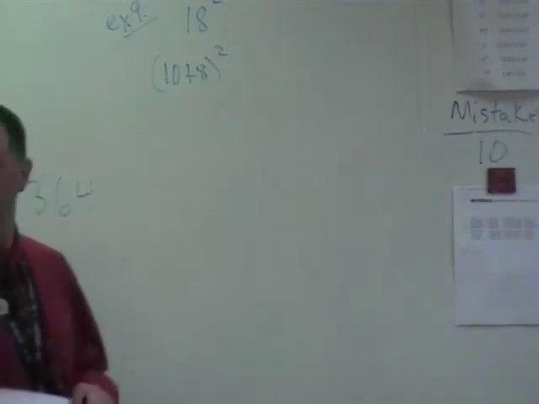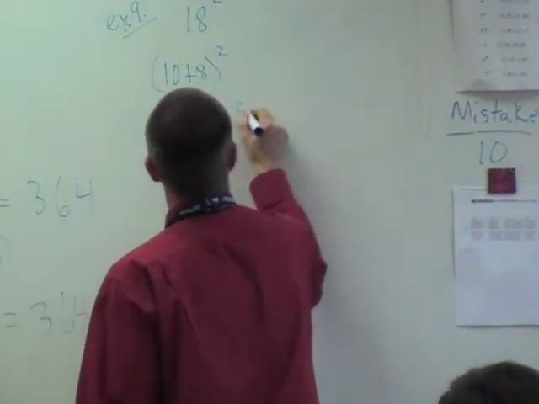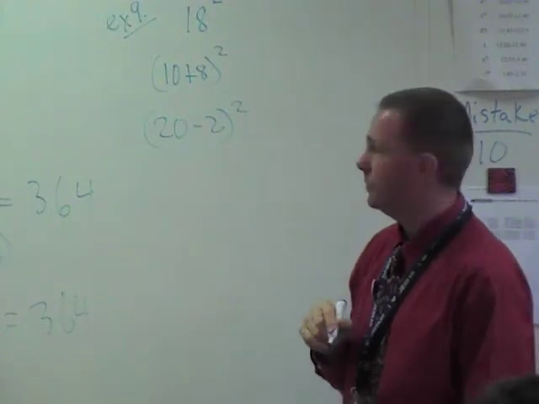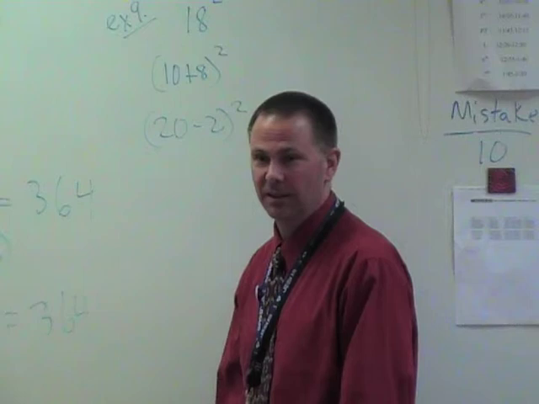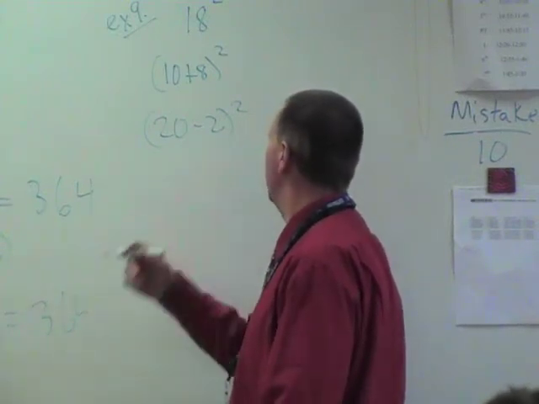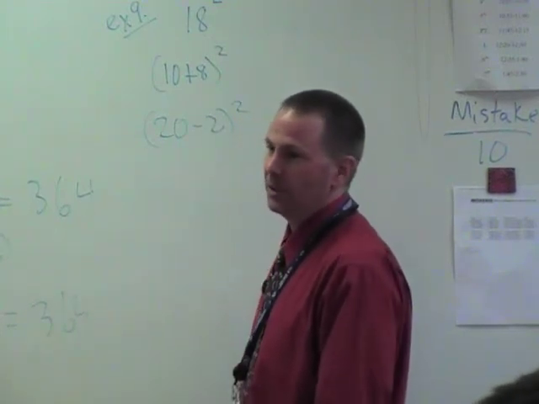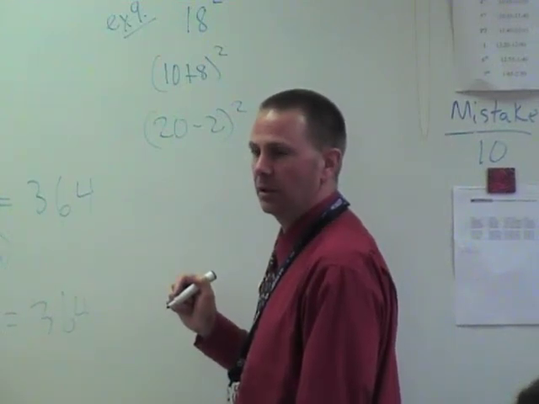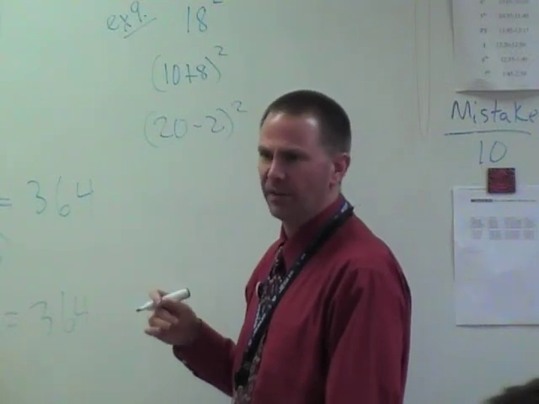Anybody catch on yet? How about 20 minus 2? Because some may be easier than others. I could do 17 plus 1. That really doesn't help me. I can do 30 minus 12, and that may not help me that much. So do you want to try to get one of the numbers to end in 0, or a 5?